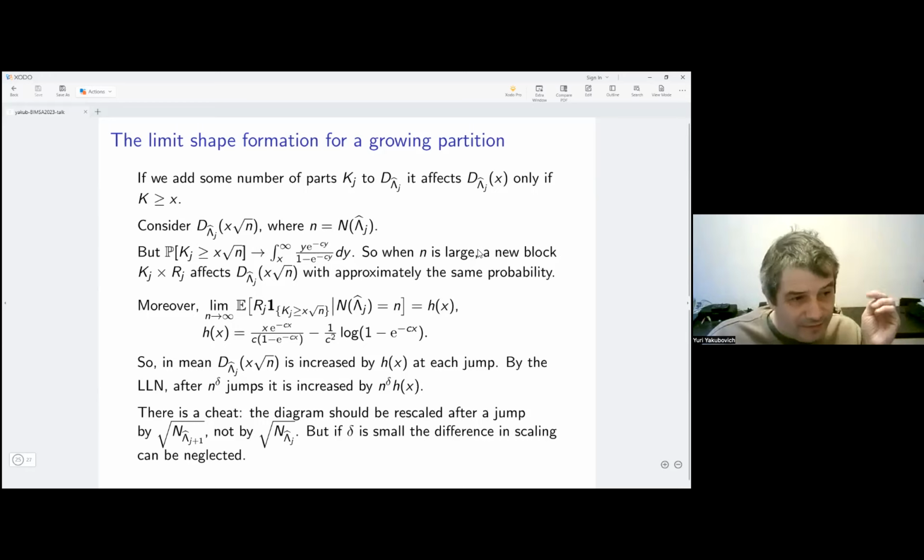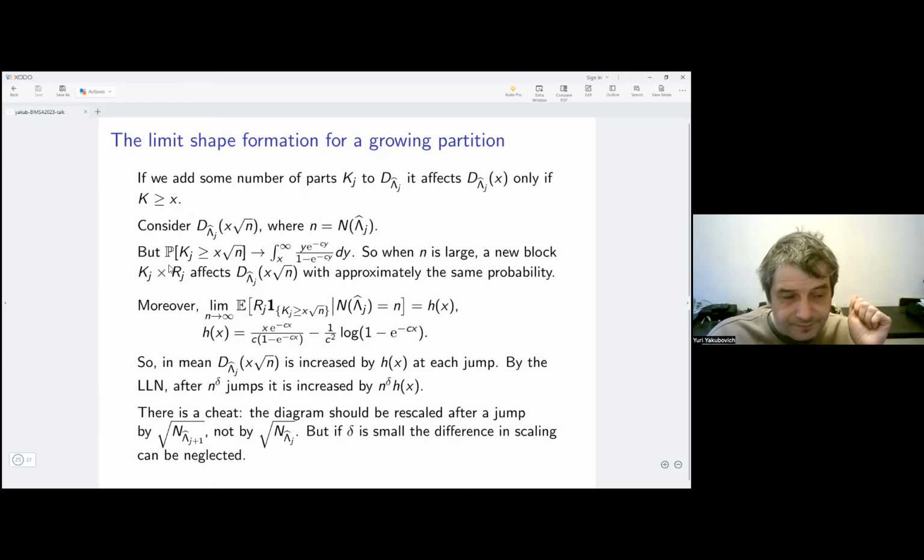If we scale our diagram by square root of n, here we scale it along the x-axis, but do not scale along the other axis.